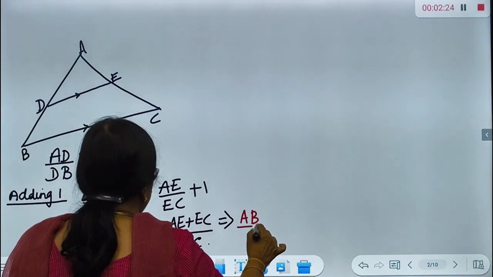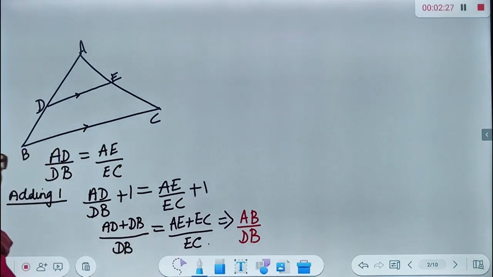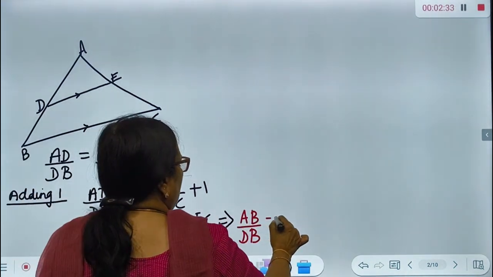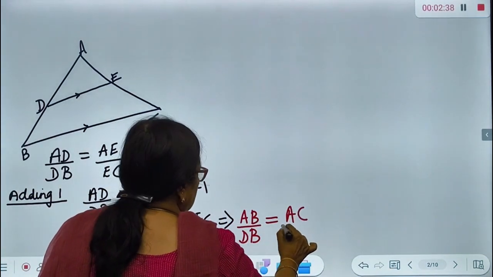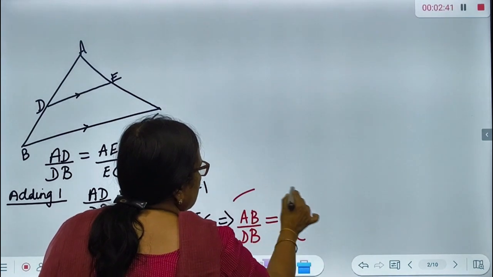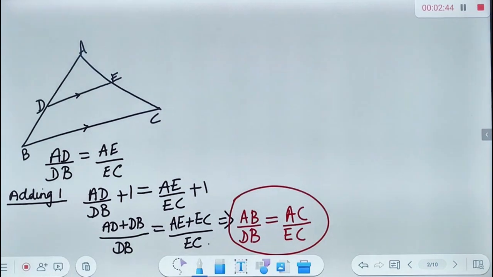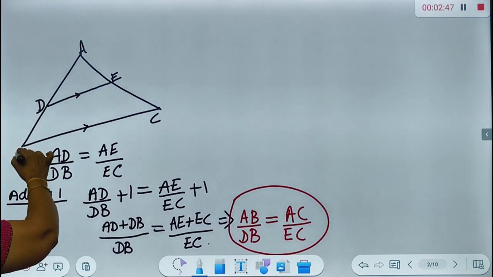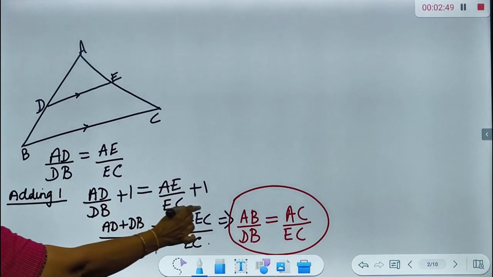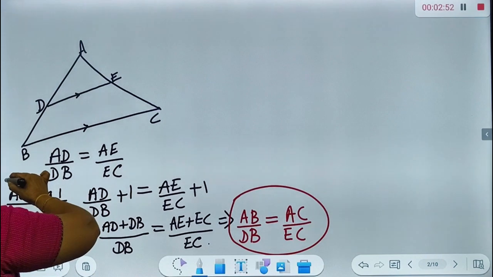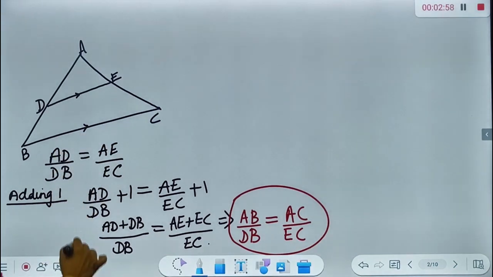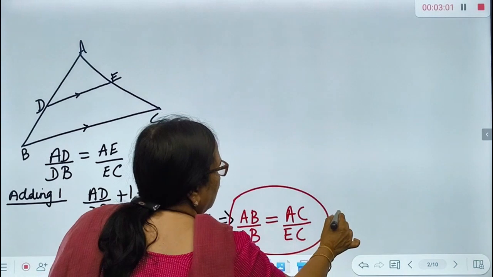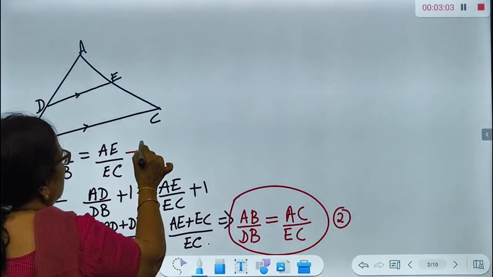AD plus DB is nothing but AB, so AB by DB is equal to AE plus EC, which is AC, by EC. So this result follows from the basic proportionality theorem. So if AD by BD is equal to AE by EC, then AB by DB is equal to AC by EC. Let us call this result 2 and the earlier one result 1.